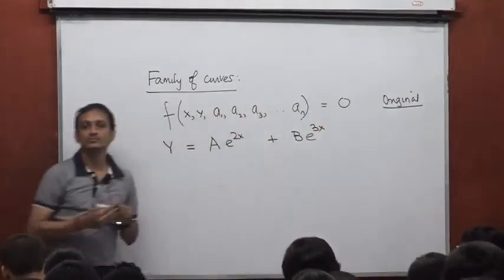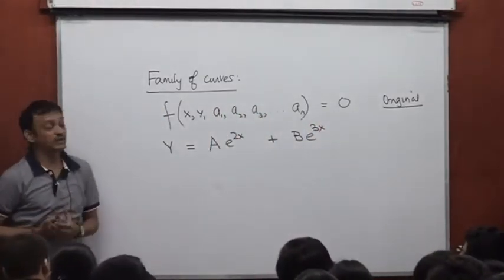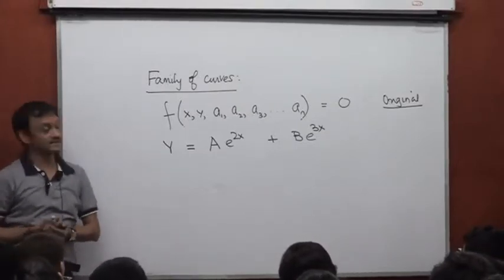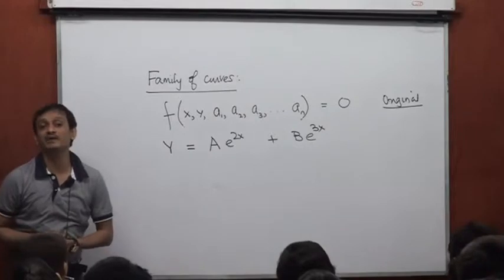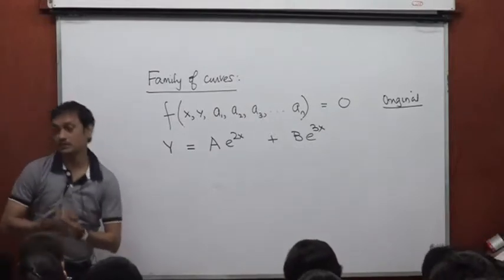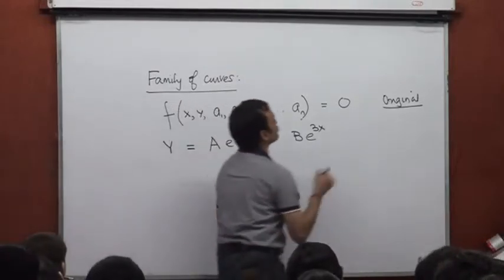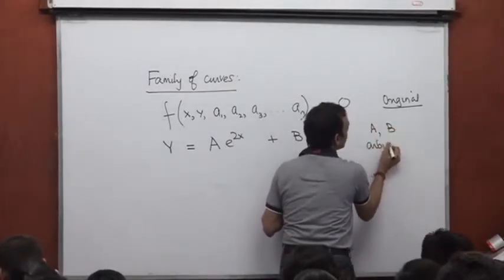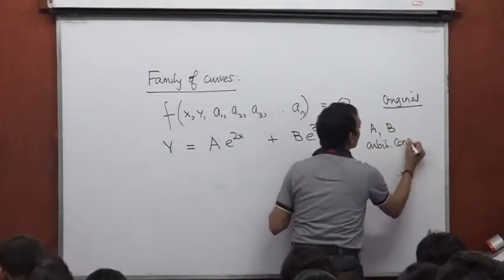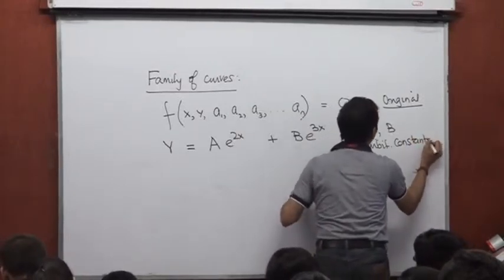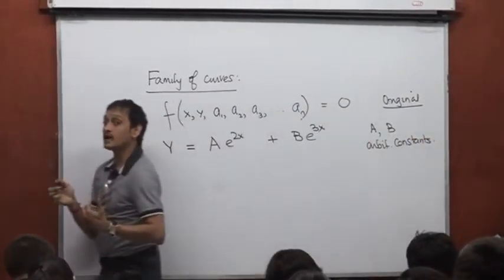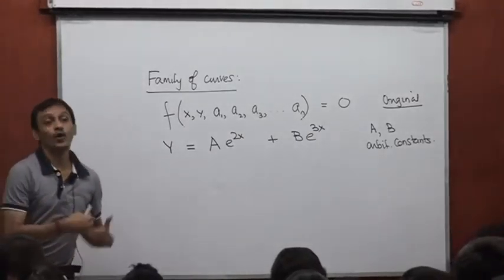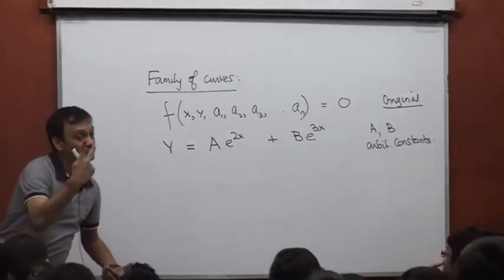Suppose I have a family of curves y equal to a e power 2x plus b e power 3x, where I treat a and b as arbitrary constants. If a and b are arbitrary constants, then that means I have to eliminate a and b. You would then expect the order of the differential equation to be 2.